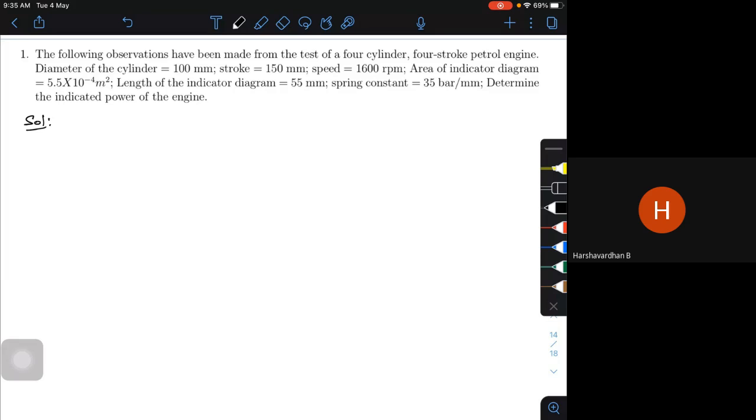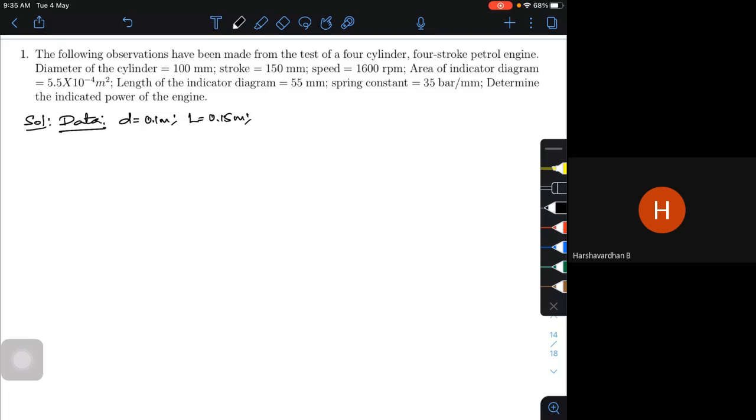Okay, let's write what data is given. Diameter is 100 mm, so 100 by 1000 is 0.1 meters. The stroke length is 150 mm, which is 0.15 meters.